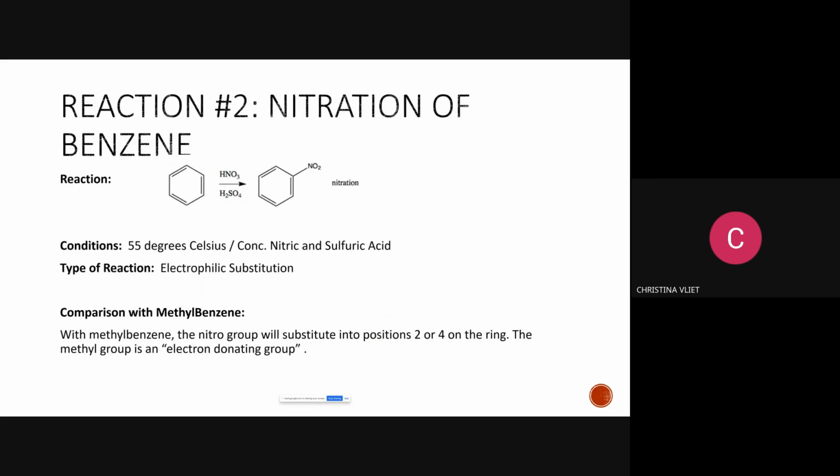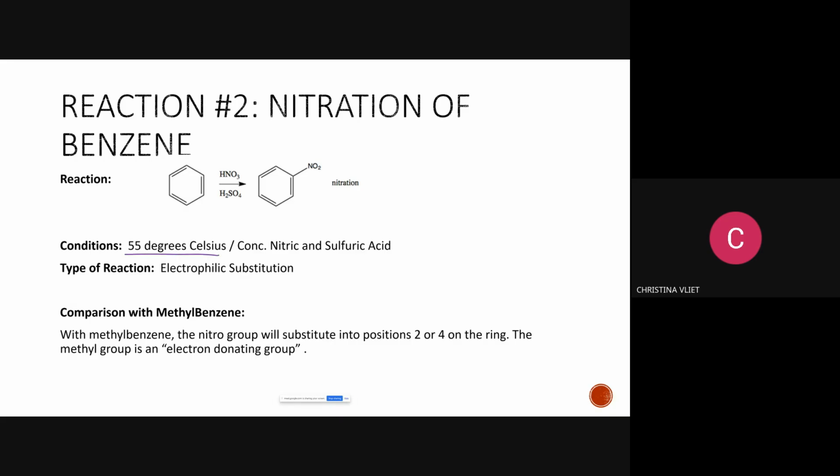Okay, so reaction number 2, nitration of benzene. This is another electrophilic substitution, and this one is a little wild, and you do have to memorize the conditions. This is how you put on NO2. So if somebody was trying to make TNT, this would be a part of their process. They would have to nitrate it. They have to put on NO2. And in order to do that, you actually need very specific conditions.